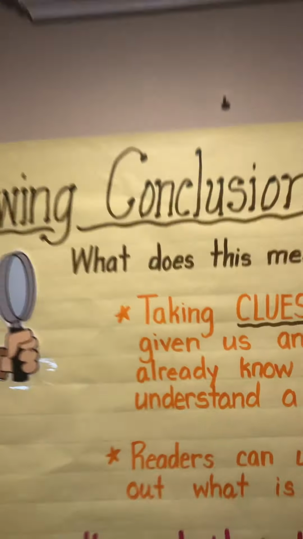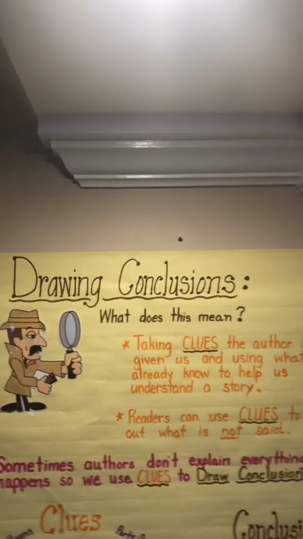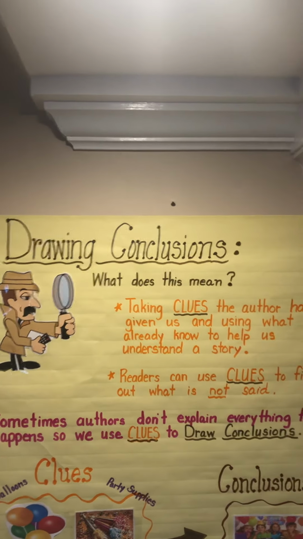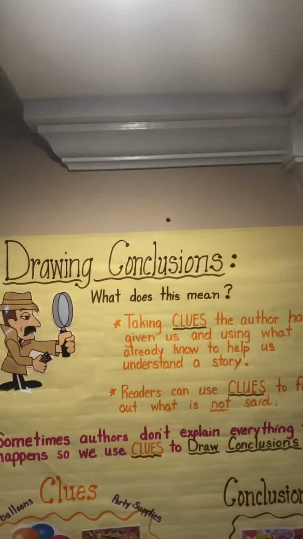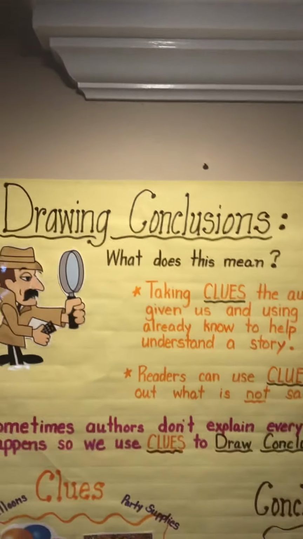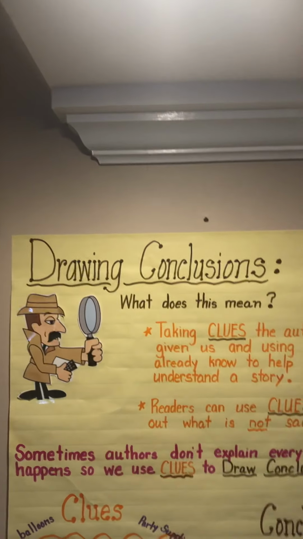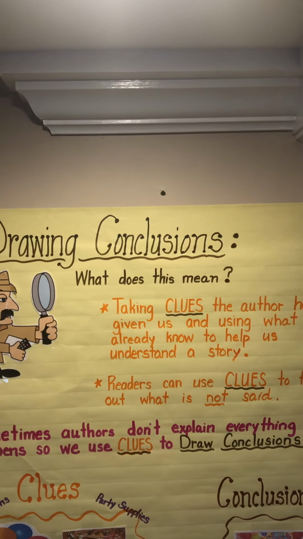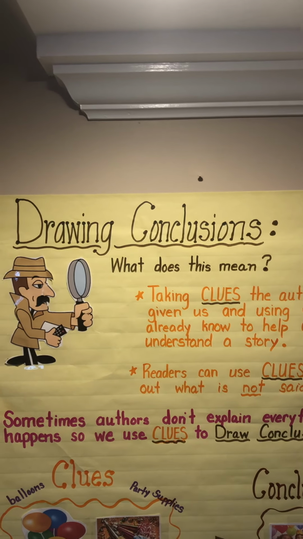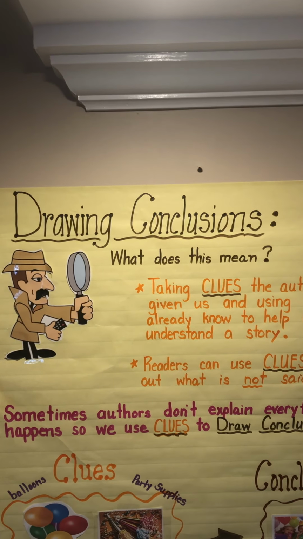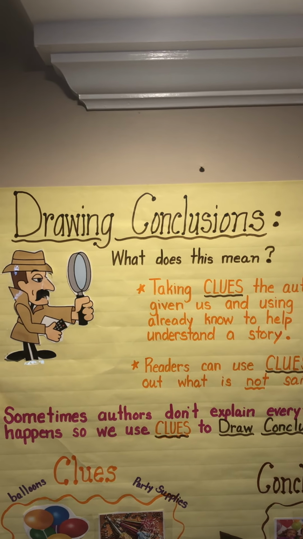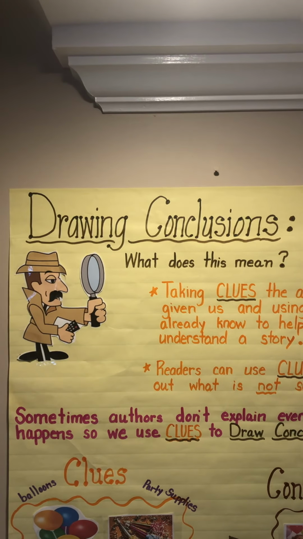So I'm going to show you a picture, and I'm not going to tell you what the conclusion is I want you to make about this picture, but I'm going to give you some clues. And when I give you these clues, I want you to try to draw a conclusion, to use what you know about the world and the clues I'm going to give you to figure out what my story might be about.